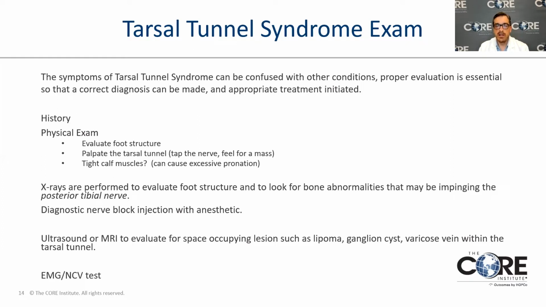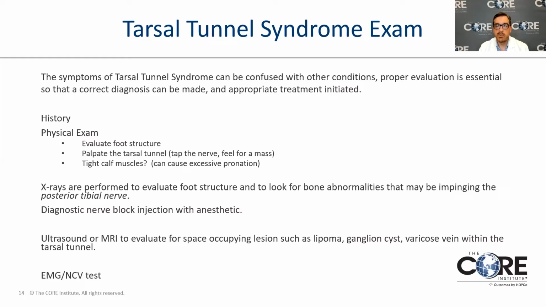We'll also do a light tapping of the nerve, just a light pressure. Usually if a nerve is irritated, it doesn't take much to reproduce the discomfort, because basically the nerve is on high alert. It's just agitated. And as mentioned in our previous lecture, tight calf muscles are a major factor in tarsal tunnel syndrome for many people.